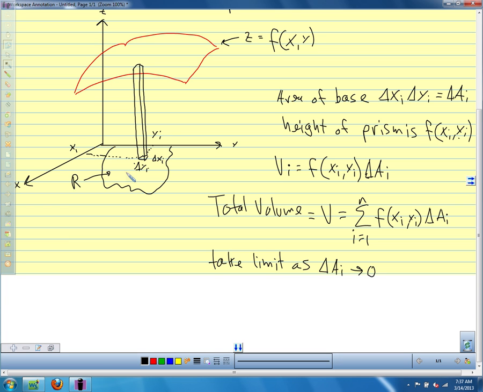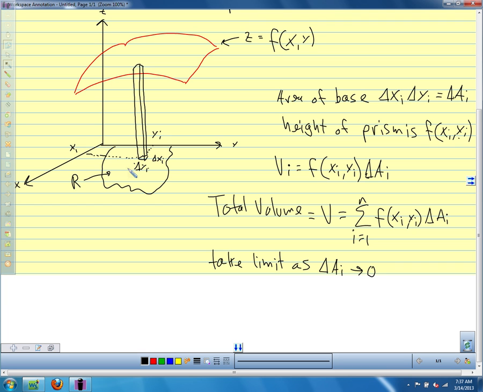We're going to extend this, and this idea of volume is going to let us find centers of mass and moments of inertia very easily for a material where the density varies in terms of your position in the material. So that's just some application.